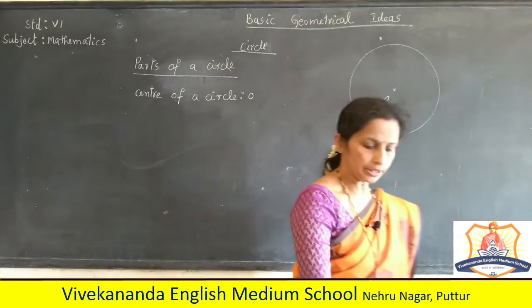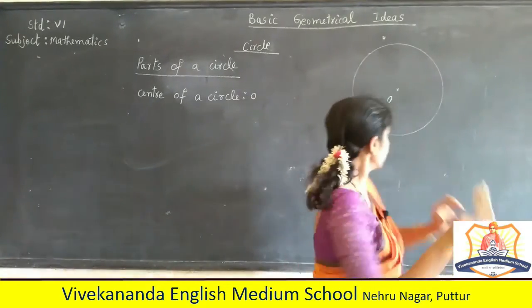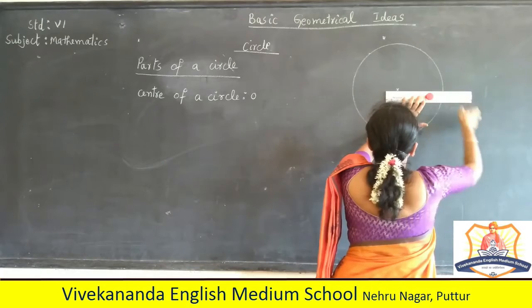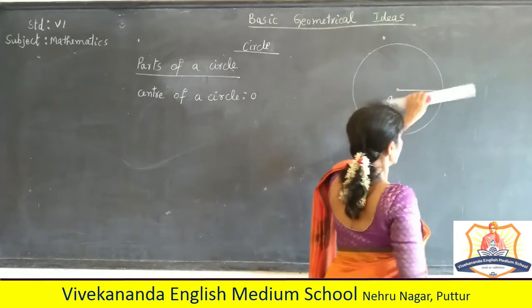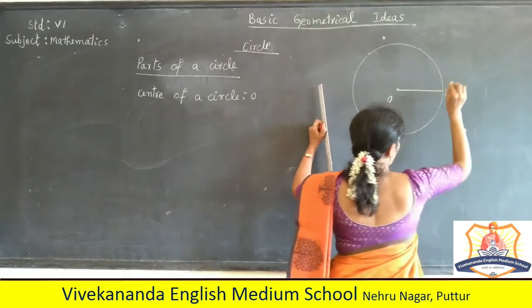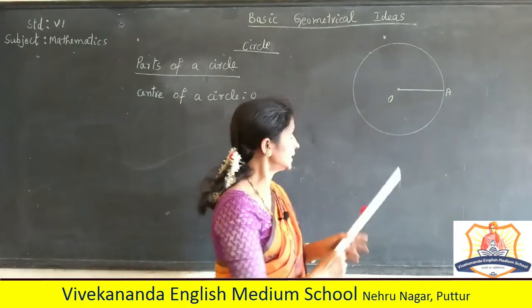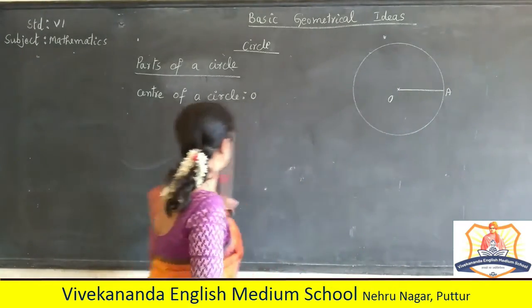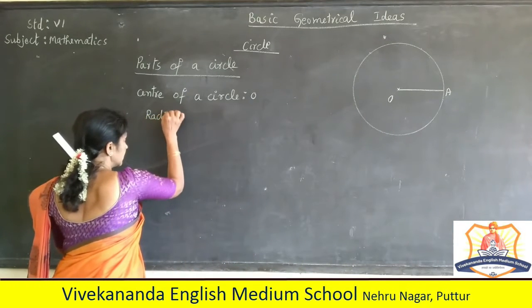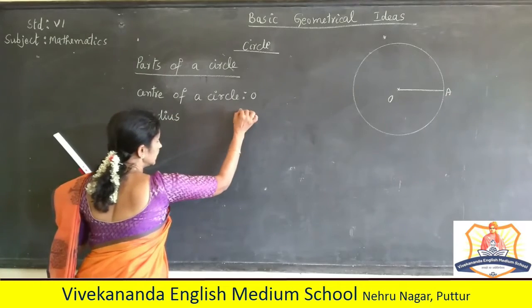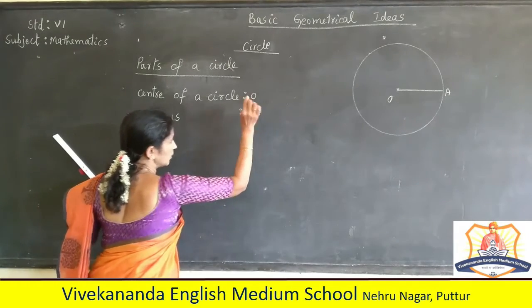Now if you join the center of the circle to the circumference, we call the length OA the fixed distance, and that fixed distance is known as the radius of the circle. So here the radius of the circle is OA.